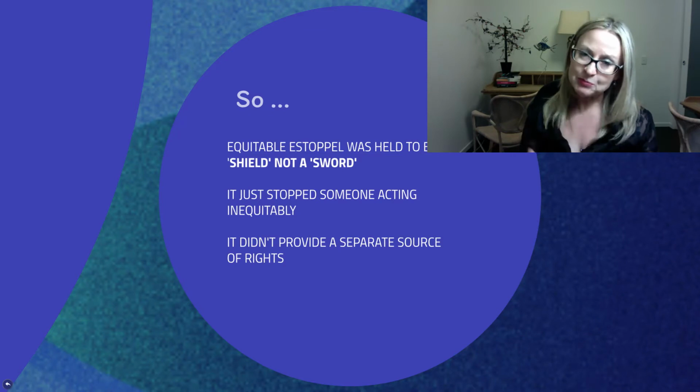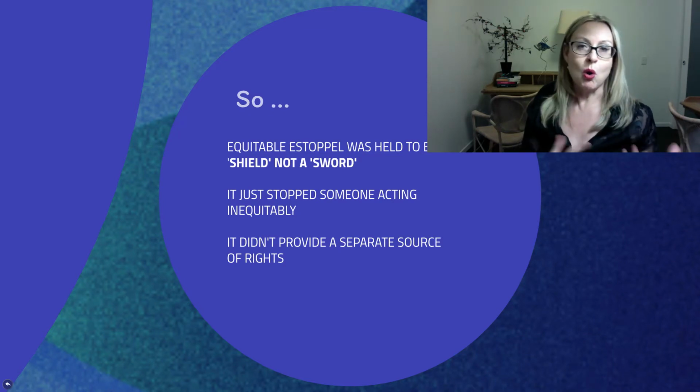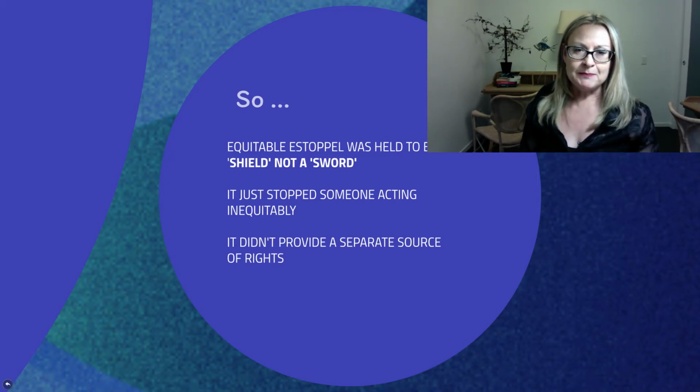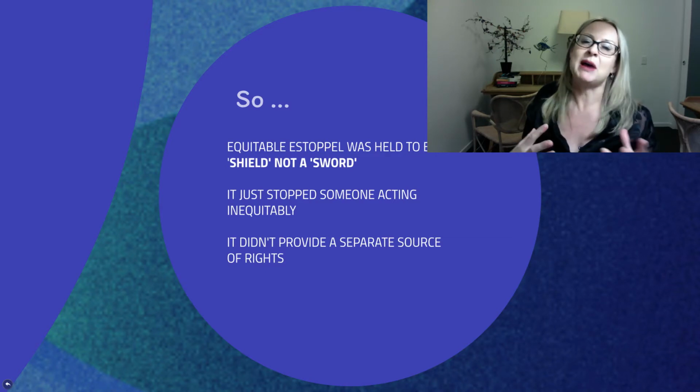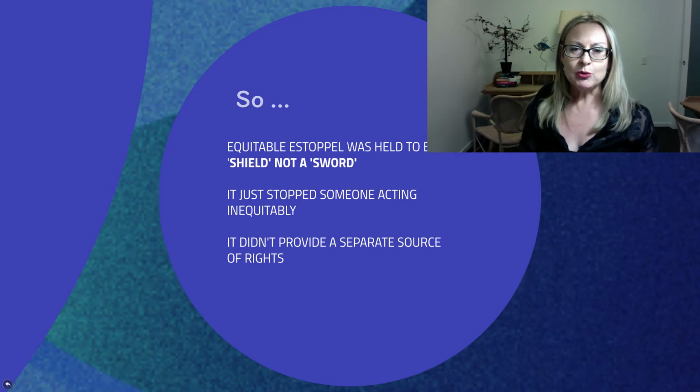Now, the upshot of all of this, whilst it was very useful and an expansion of those old railway cases, it was difficult because it was kind of left at half-mast, if you will. Estoppel could really only be, in equity, a shield and not a sword.